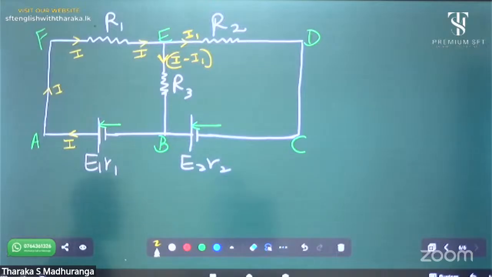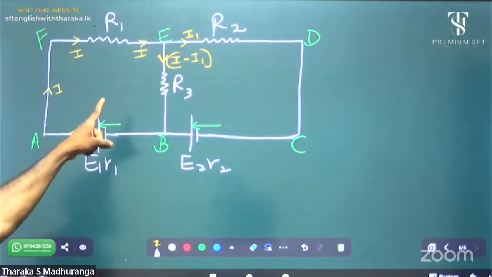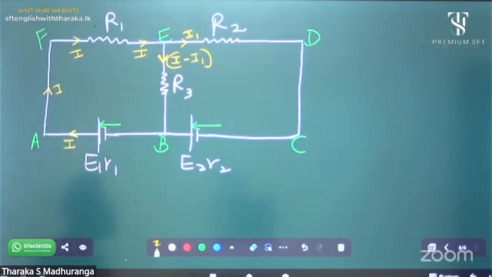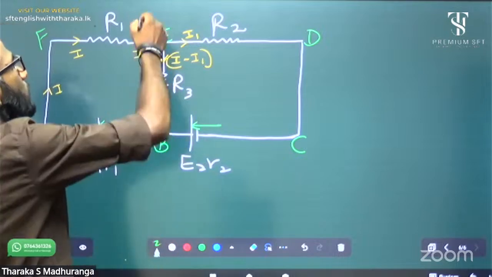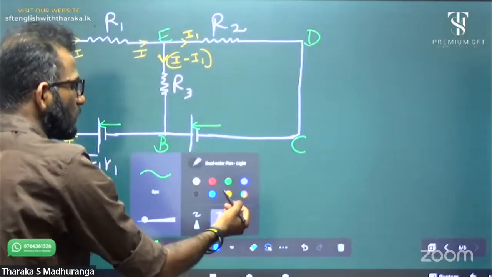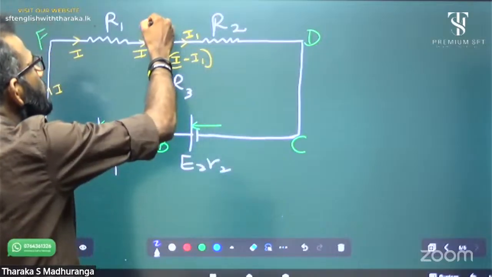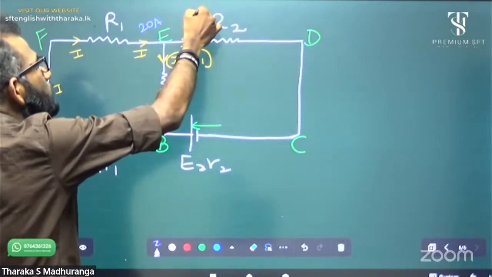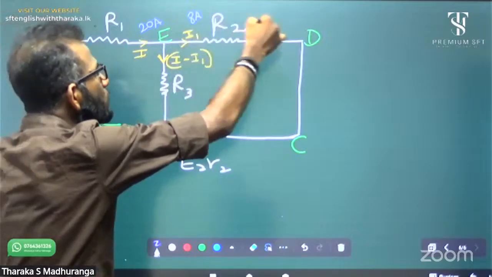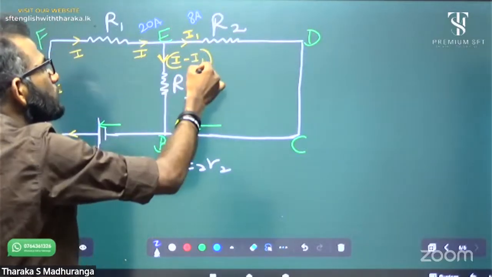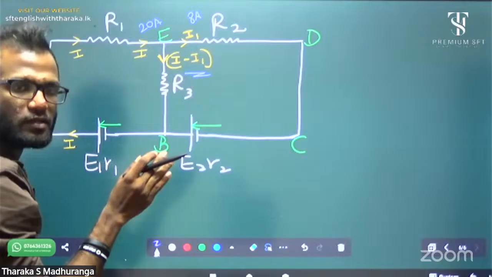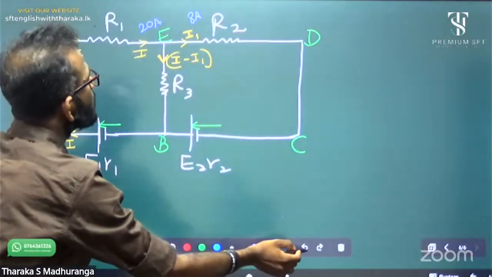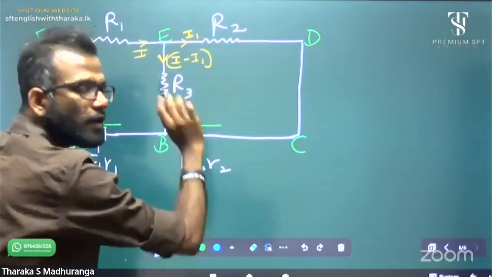If you have any doubt on this point, please ask. As an example, think it is 20 amperes coming to this junction, and 8 amperes going to the right side path. Then this is 12, which means 20 minus 8. It's I minus I1.